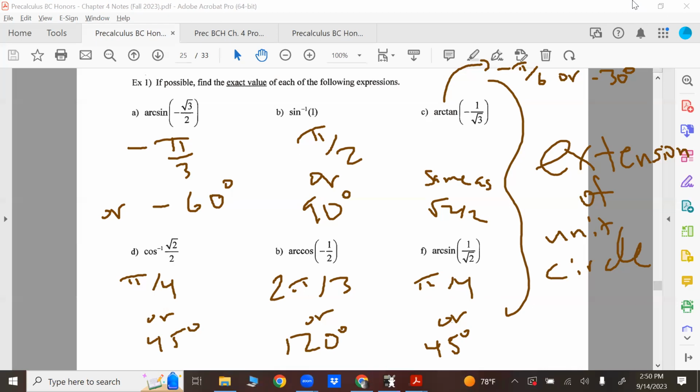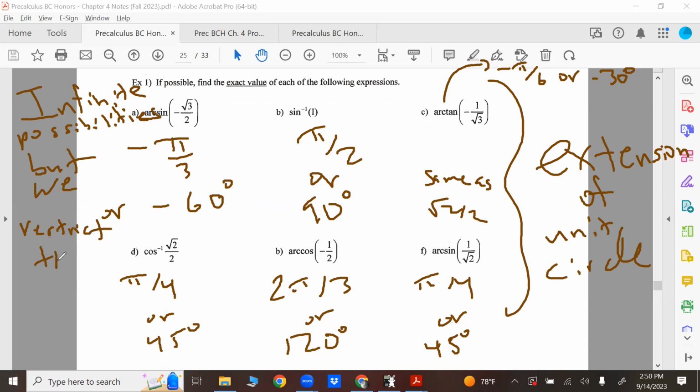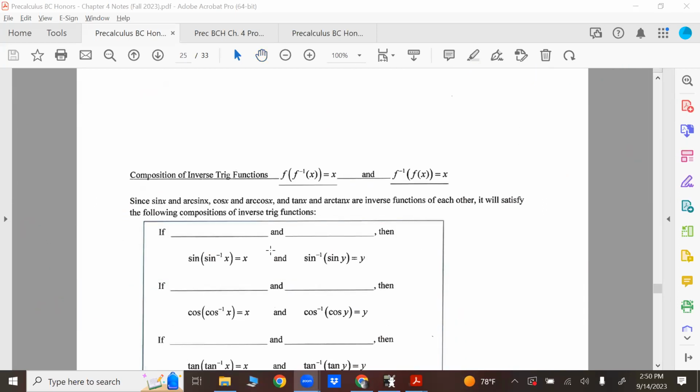So one thing to keep in mind: they're infinite, but we restrict the range. We have to restrict the range.